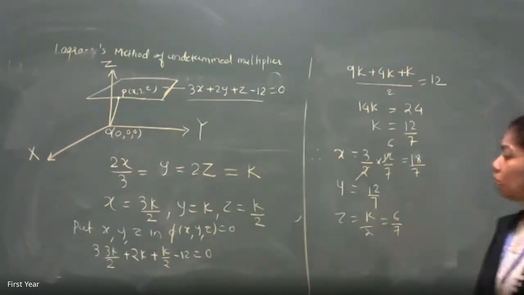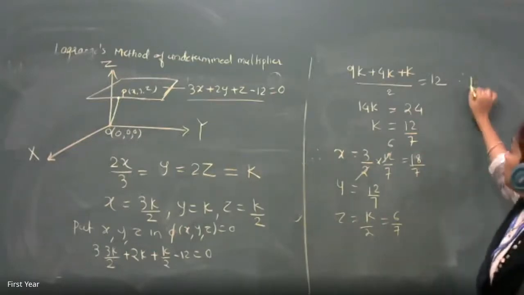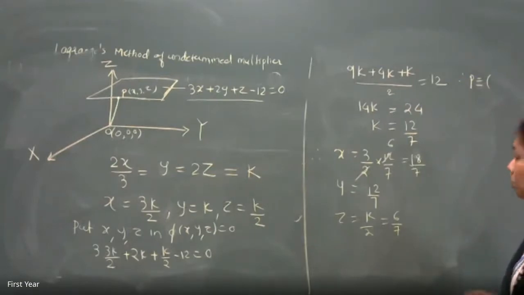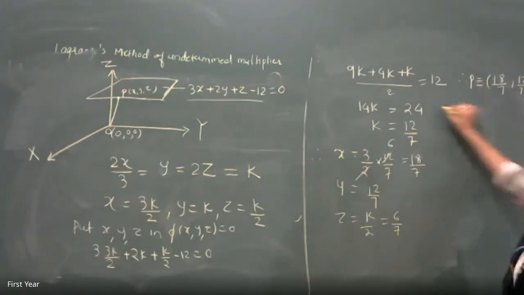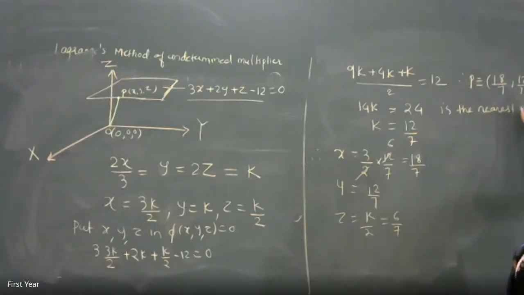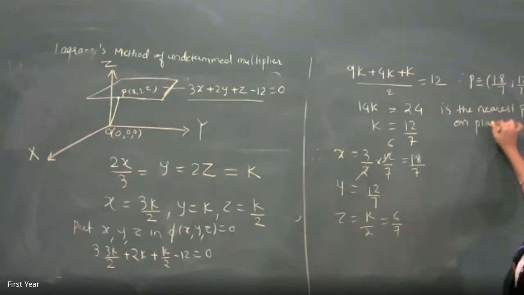So what is our extreme point? Therefore, P, which is at the minimum distance from the origin, is the point 18 by 7, 12 by 7, 6 by 7. It is the nearest point on the plane from the origin.